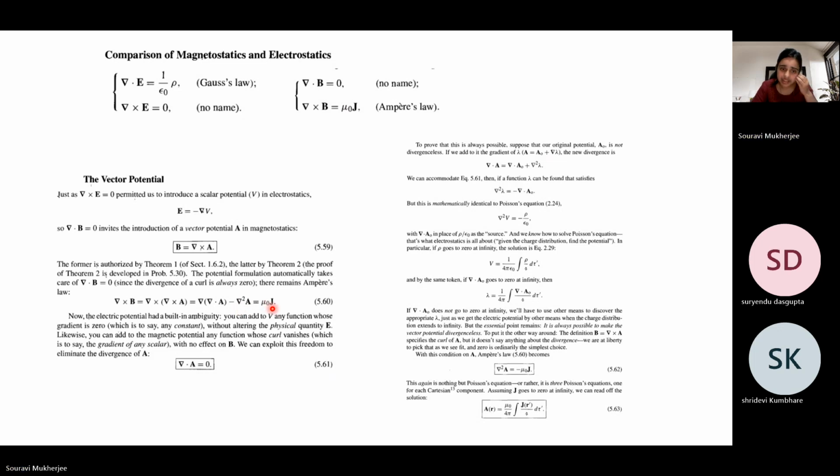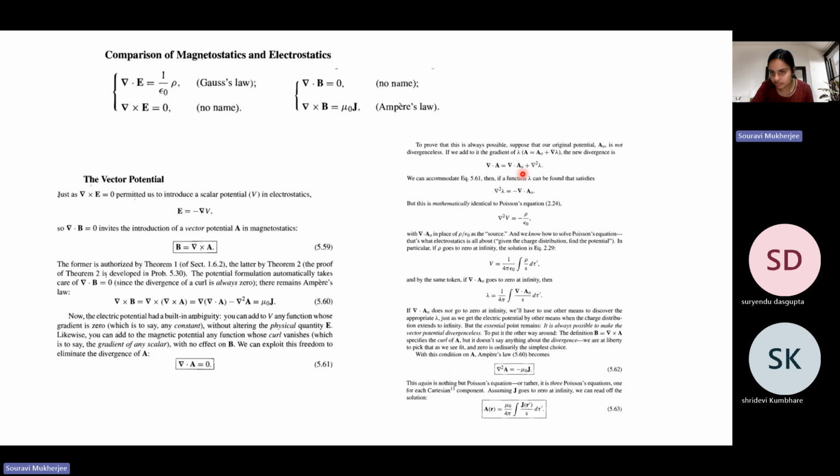How will you choose that scalar, the gradient of the scalar lambda that you have? So basically, consider that initially your original vector potential was A naught, which was not divergenceless, and then you added something to it such that the divergence of A, this new potential, is zero.